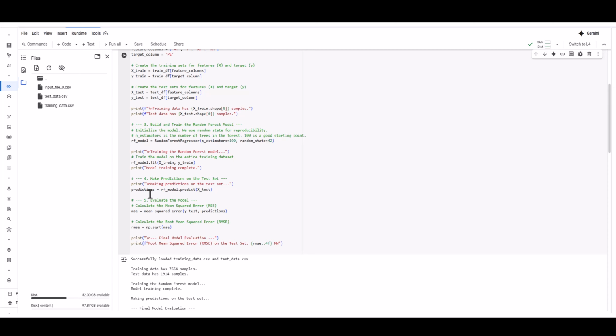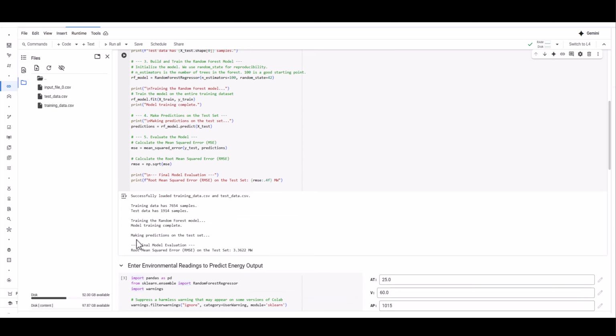And then finally, that model was run for the test data, as you can see. And then I found out the mean squared error and the root mean squared error. So similar approach to the linear regression of finding the mean squared error and the root mean squared error.